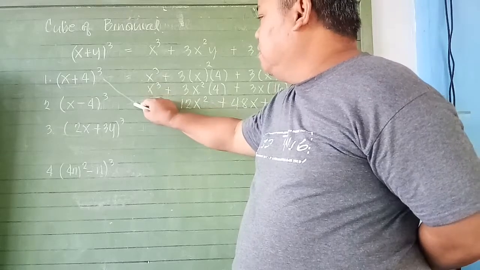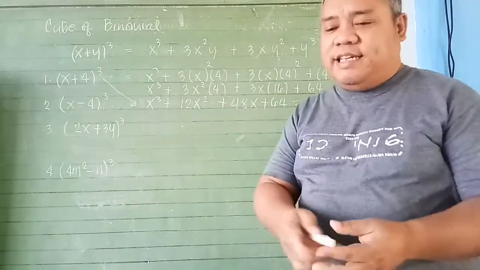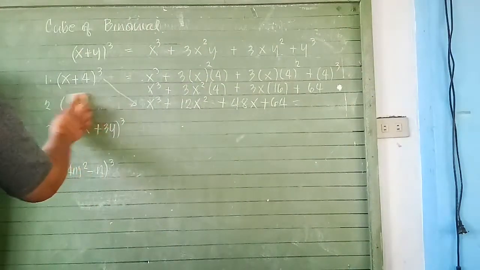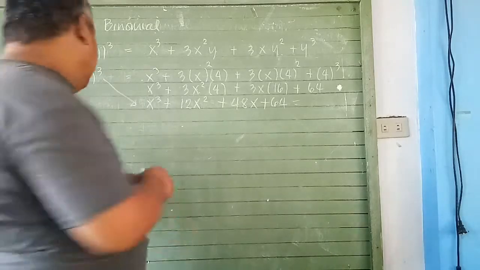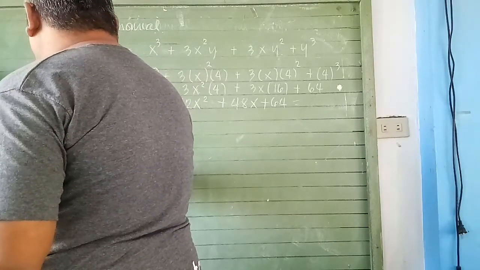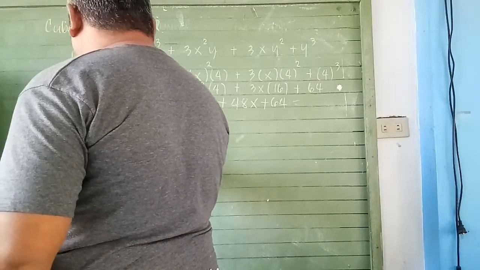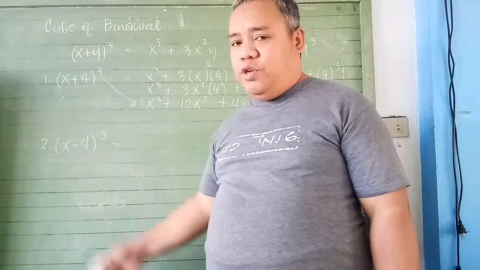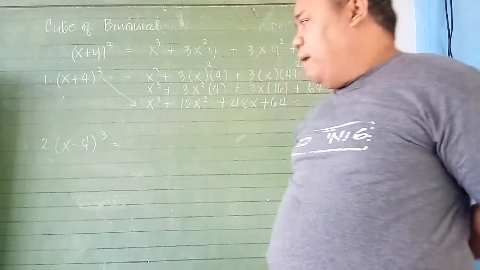Alright? Okay, so let us again next go to equation number 2. So let's try to solve another one, which is number 2. We have x minus 4 cubed. Although this is the same, we're going to show you what will happen if the operation is minus.